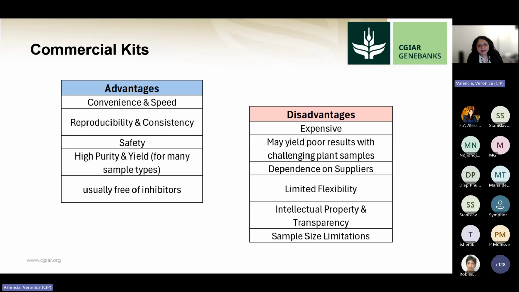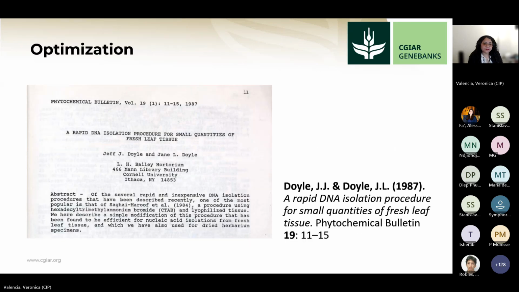And the same with sample size limitations. The kits come for 5 samples, for 50 samples, 100 or 200. So you have to plan for that many samples, right? So those are the advantages and disadvantages.